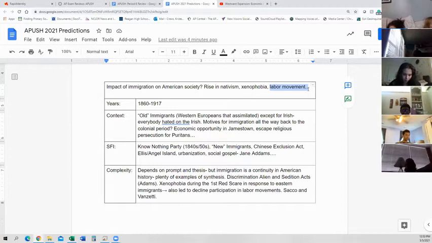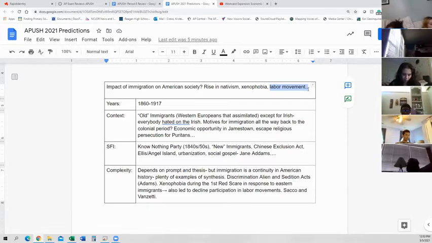It kind of depends. Some of them were just looking to get enough money to make their way out of a dire situation back in their home country. But again, we also had a lot of Jewish people coming here during those years, a lot of Eastern European Orthodox, a lot of Catholics, so Italians, Croatians, Polish.